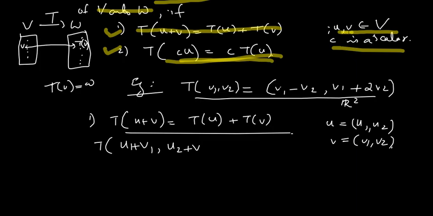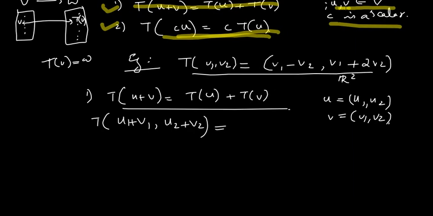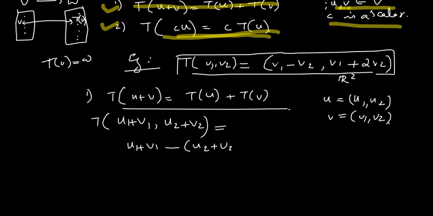By the definition of T, this is the first component: the first one minus the second one, that is u1 plus v1 minus u2 plus v2. Next is the first one u1 plus v1 plus 2 times the second one, u2 plus v2.